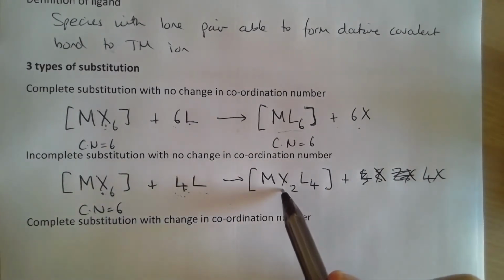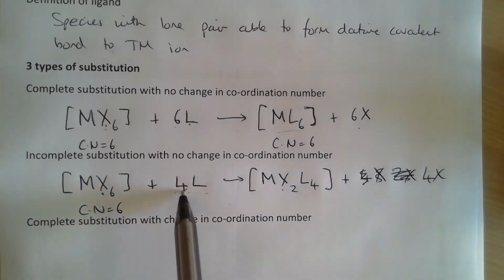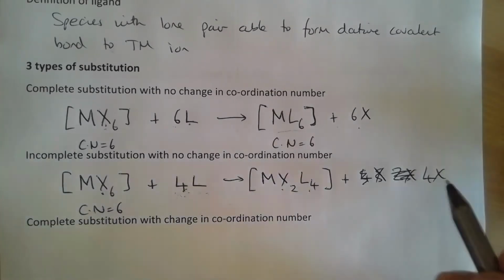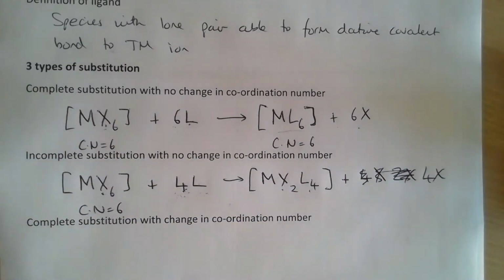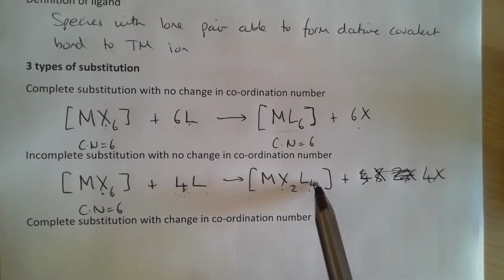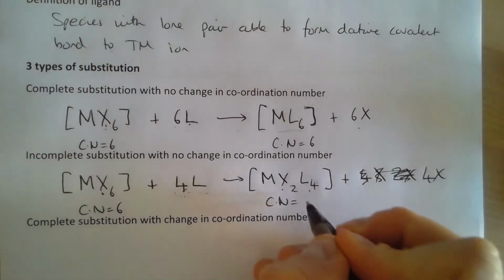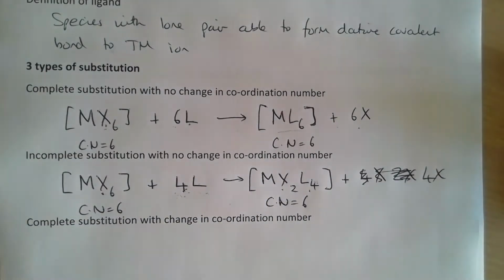So we've only got 2 of them left, and then it's going to replace those 4 that have been kicked out by the L's. Apologies about that mistake, I just second guessed myself then. Now this has got 1, 2, 3, 4, 5, 6 ligands. They're all monodentate, so there's going to be 6 dative covalent bonds, therefore it has a coordination number of 6.